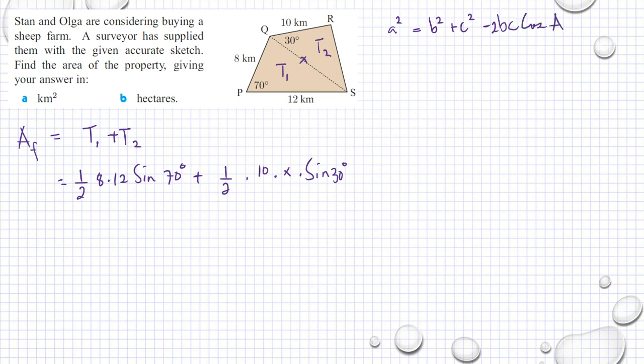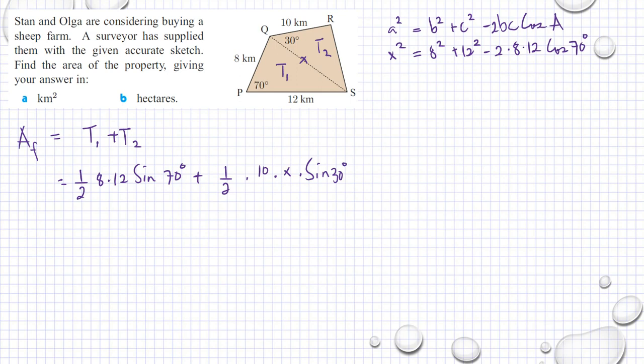So if our a now is x squared, our b is 8 squared plus 12 squared, it doesn't matter which of them, minus 2 times 8 times 12 cosine 70 degrees, the opposite angle.